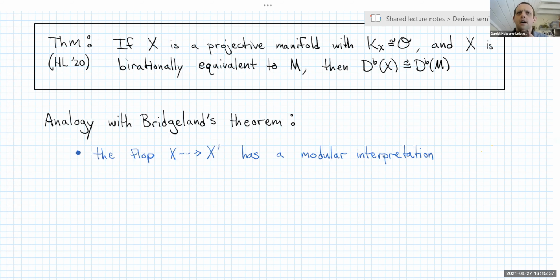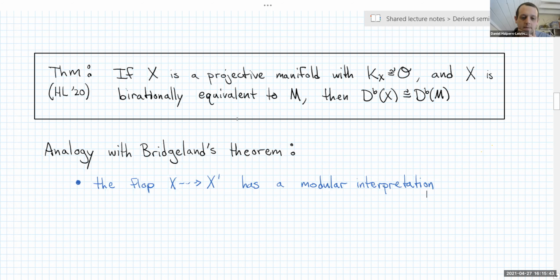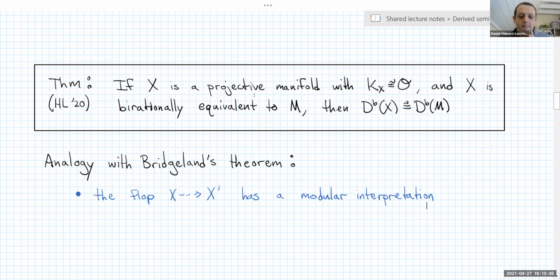So in his picture, it's very central, and that's of course what's happening here.